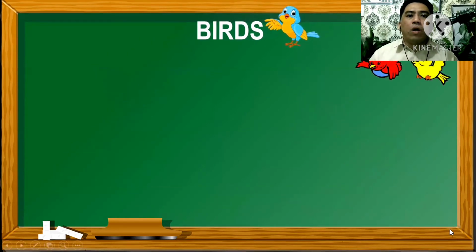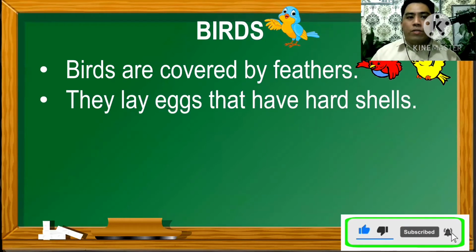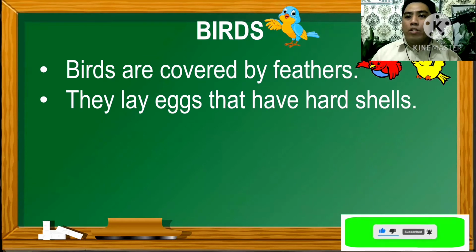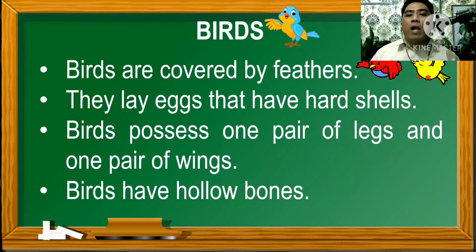Okay, so always remember that birds are animals that are covered by feathers. They lay eggs that have hard shells. Birds possess one pair of legs and one pair of wings. Birds have hollow bones. That is the reason why birds can fly, or most of the birds can fly.